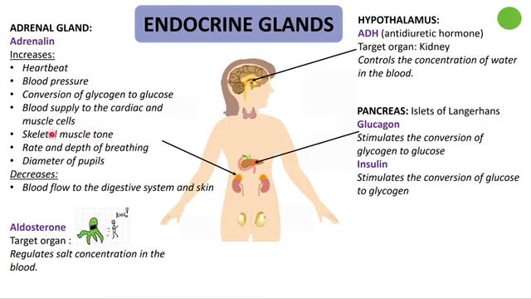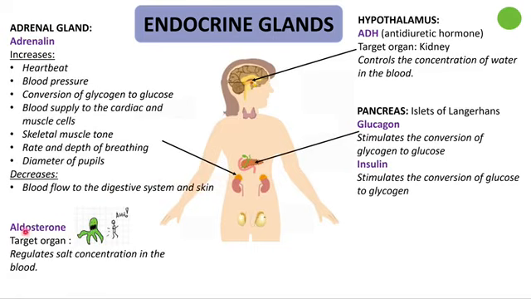With that, we will have an increase in breathing rate, and our pupils will dilate. So that is so that our body can protect itself against any danger. And then obviously it will decrease the blood flow to areas that are not directly responsible for my survival, like the digestive system and the skin.